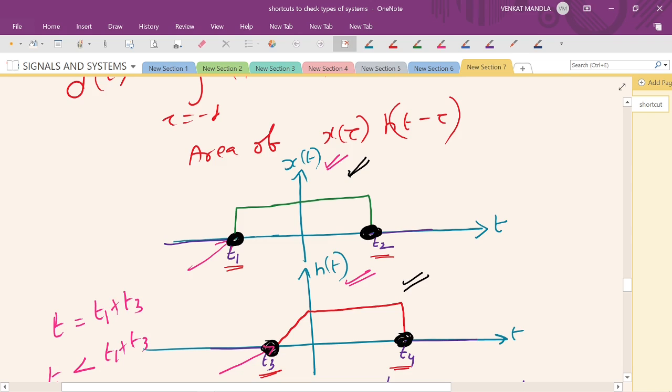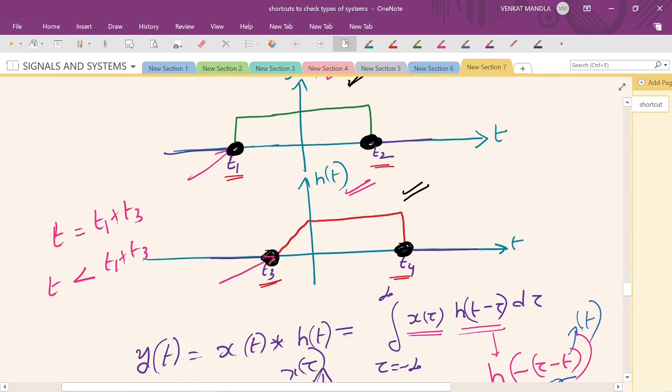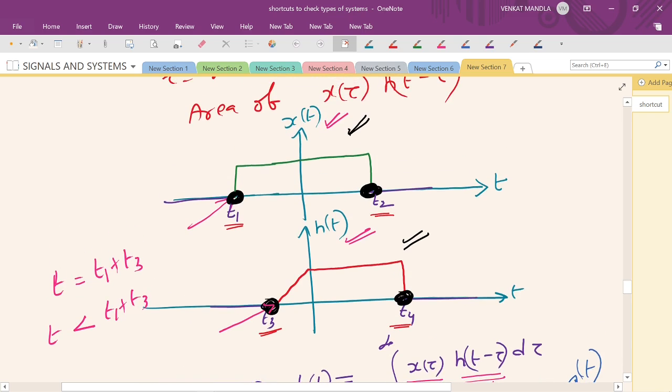Less than this t1 plus t3, you have y of t equal to 0. Greater than this t2 plus t4, you have y of t equal to 0. So in between these two values only you will get some overlap between x of tau and h of t minus tau.